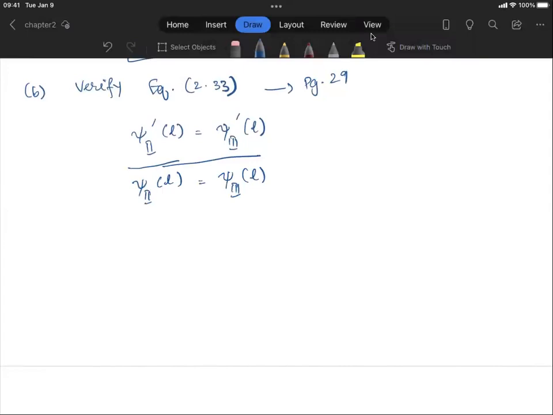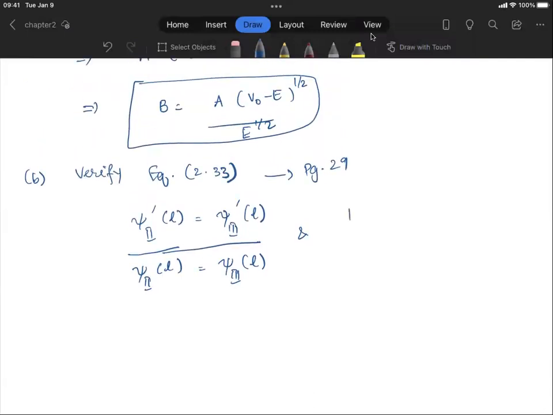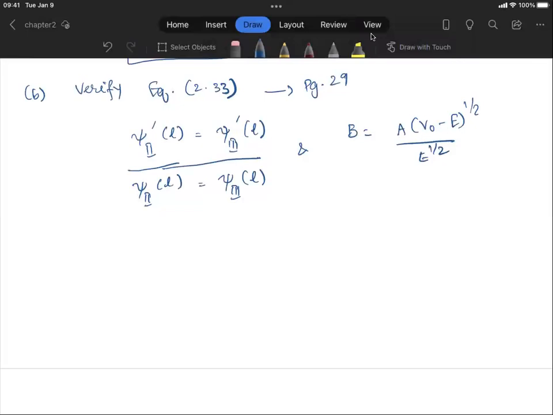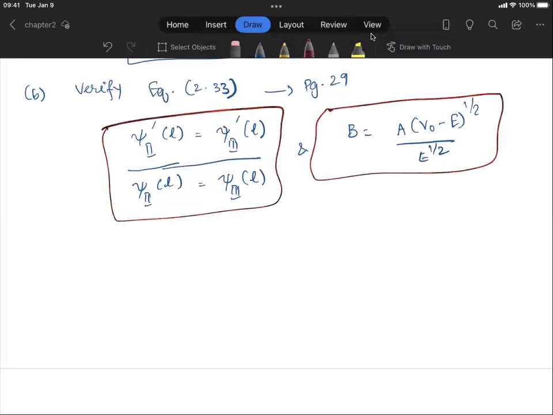Now this and the value of b that we just found here, the fact that b is equal to this. So this combined with expressing b in terms of a is going to get us to equation 2.33.